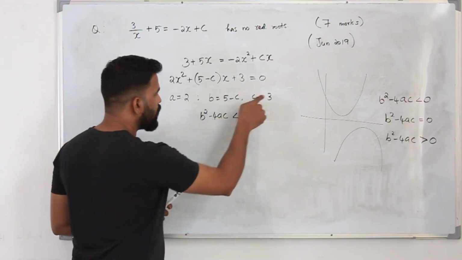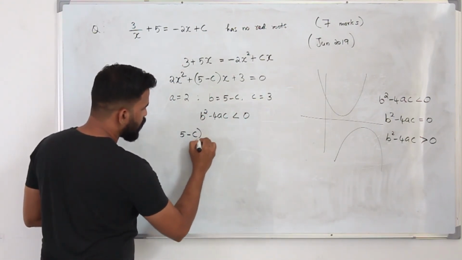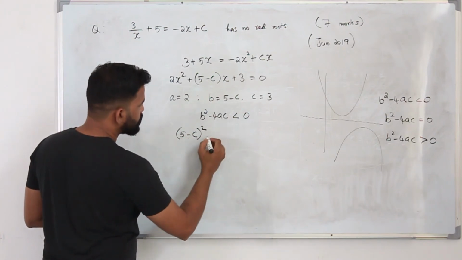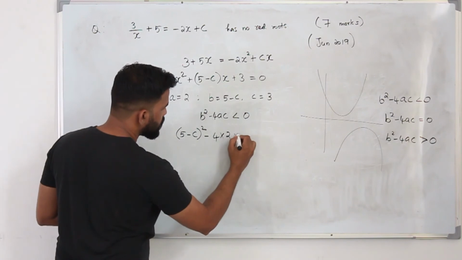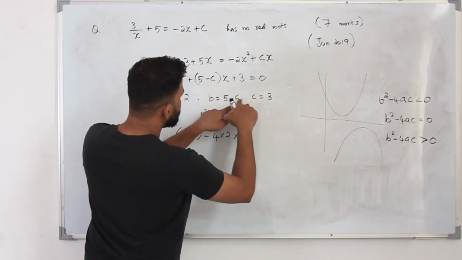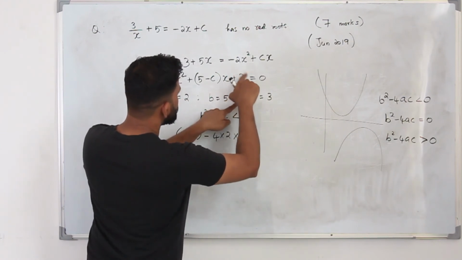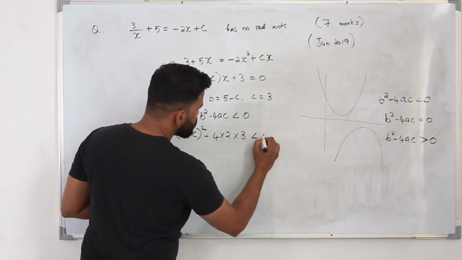Now substitute all the values here. 5 minus c whole square minus 4 times 2 times c. C is 3. Okay, don't mix up these two c's. This is the constant term actually. Less than 0.